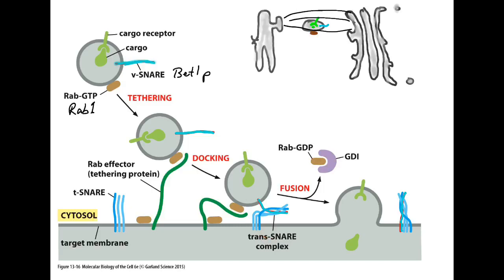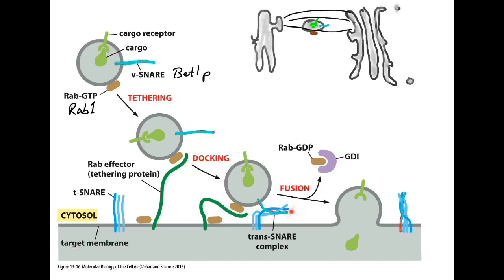And if that's true, then there'll be a specific family of T snares on the membrane, and they will react specifically and very, very strongly with the V snare of those COP2 vesicles. So you end up with a structure that looks like this. This is a coil-coil interaction involving multiple very, very long alpha helices. And that interaction is almost as strong as a covalent bond.